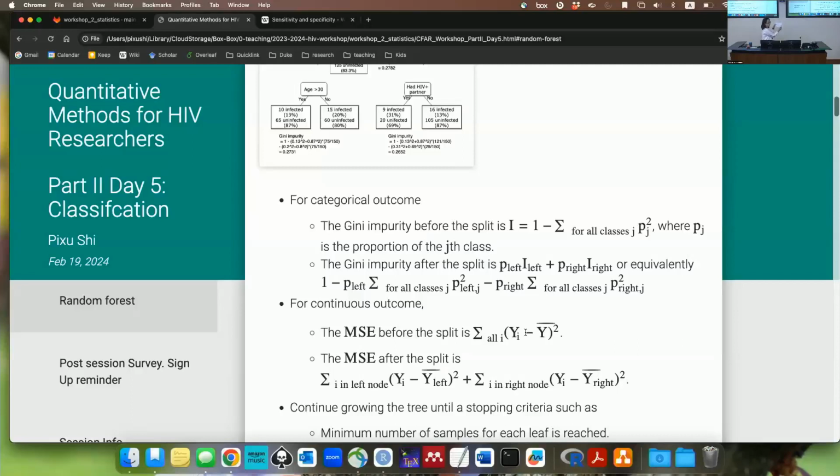This is big, but if you do a good job separating those two and calculate the spread here and the spread here and sum those two up, it's going to be smaller than combining the two groups together. So a good split will give you a big drop in the MSE. That's for continuous outcome. A lot of people think that random forest can only be used for classification, but the truth is it can also be used for continuous outcome. Pretty powerful.